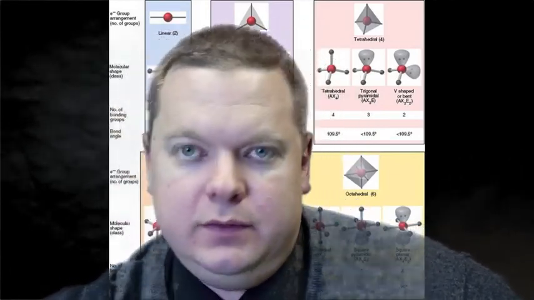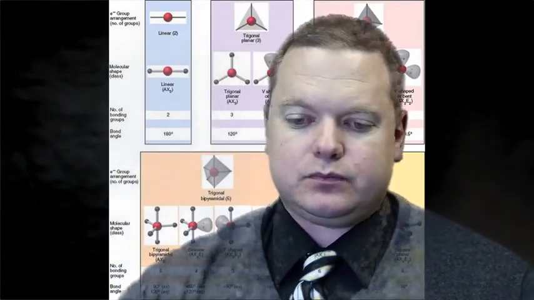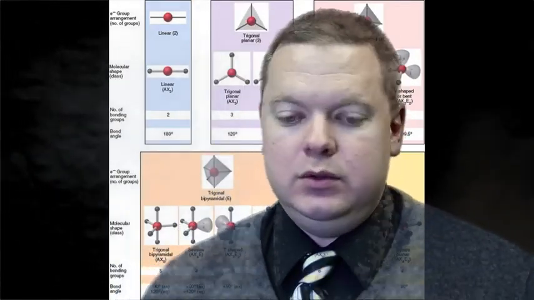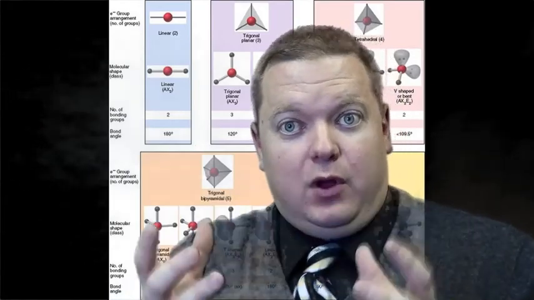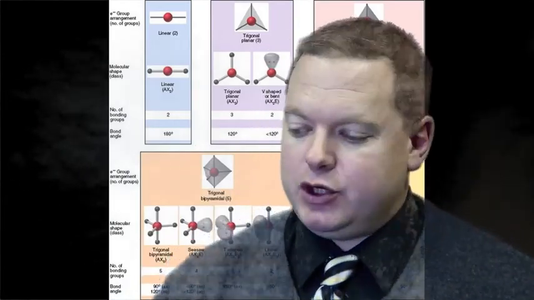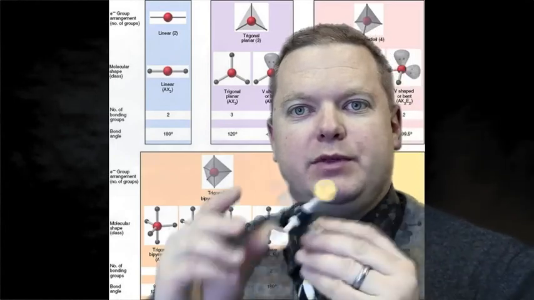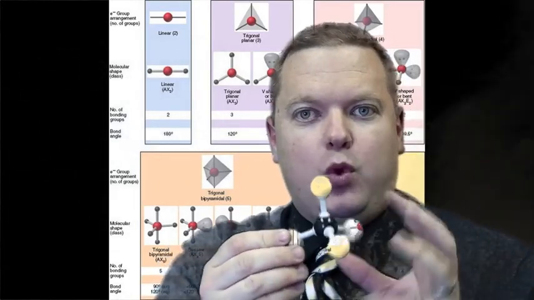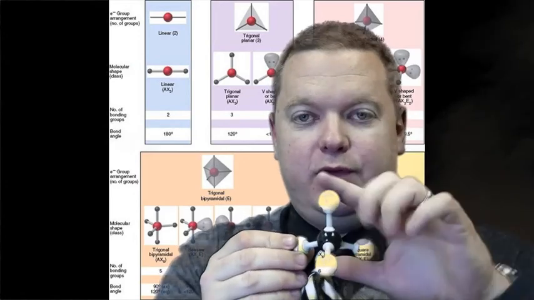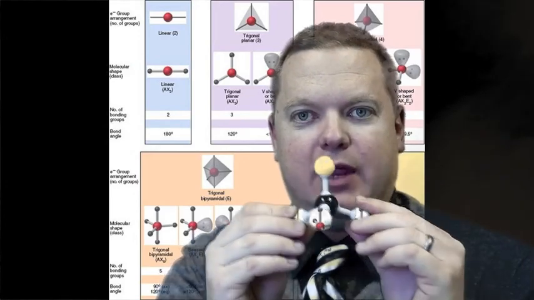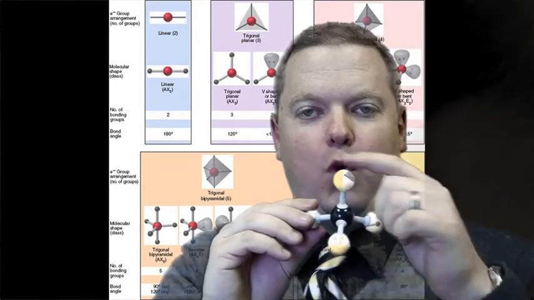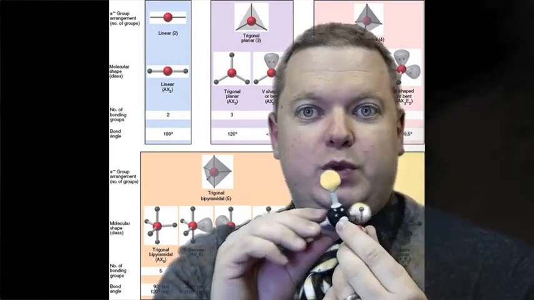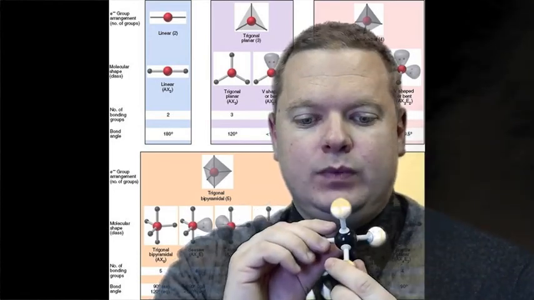If we have 4 things bound around that central atom, then the base arrangement, if those are all atoms, is what we call tetrahedral. So it's going to look something like this, where we form a tetrahedron, a 4-sided solid, if we connect the atoms together. 4 bonded atoms, that base group is called a tetrahedron.